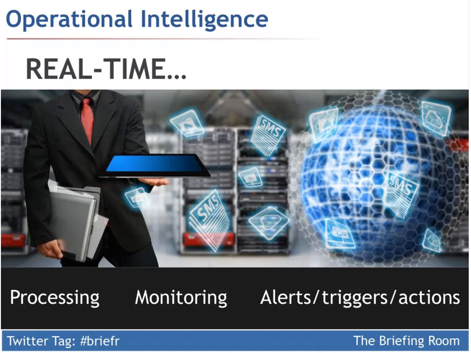So what we're seeing now is a movement toward leveraging real-time streams. So you can think of things like the Twitter fire hose, for example. You can think about log files. You can think about any number of types of data that are fed in streams. Obviously, the stock market is a perfect example. With the stock market, you've got ticker data going all day long.